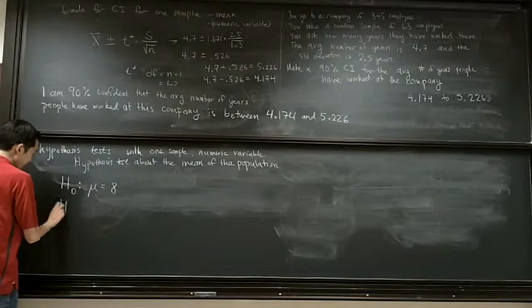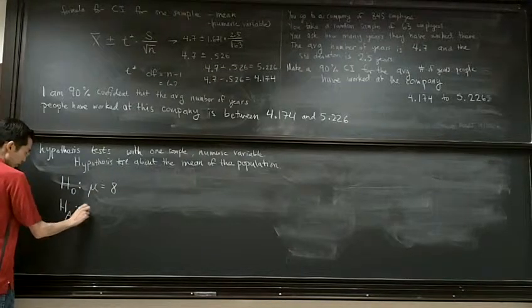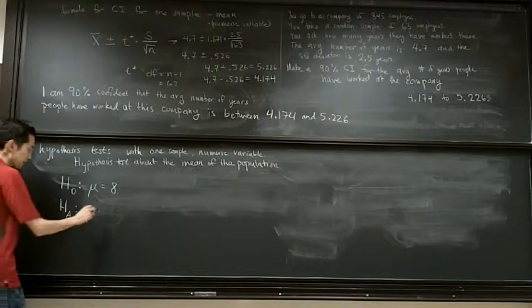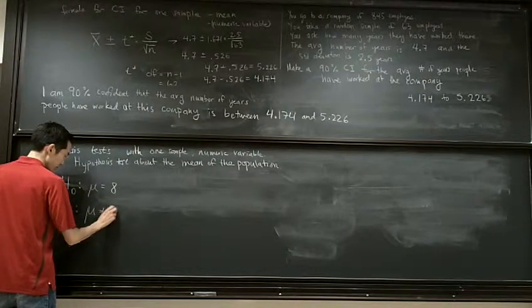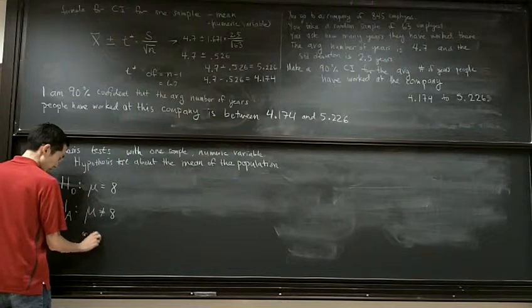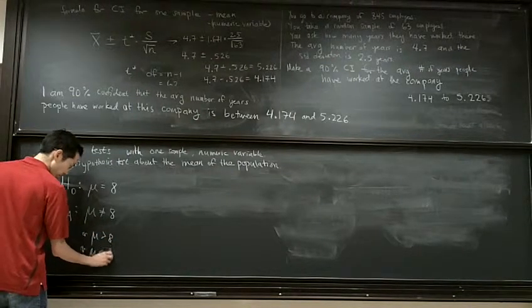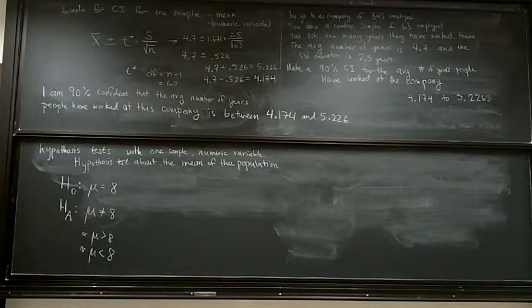The alternative is that mu is not 8, or is greater than 8, or is less than 8, okay? Depending on how the question is written.